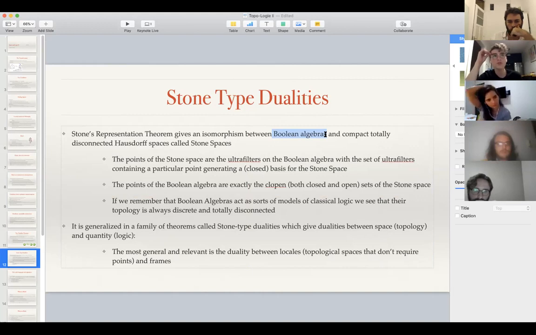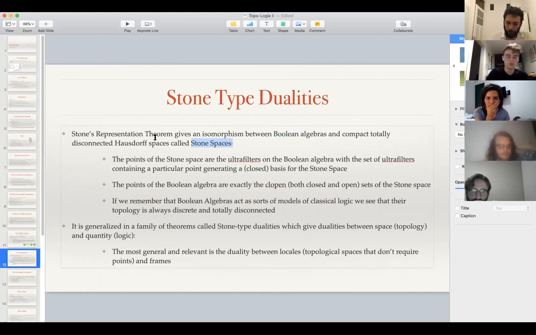But Boolean algebras will model a classical logic in the sense that they can be all of the sets of propositions with the law of the excluded middle and conjunctions and implications and everything. But it gives an isomorphism: if you take a Boolean algebra and then you take ultrafilters on the Boolean algebra, you actually get this thing called the Stone space, which is any compact, totally disconnected Hausdorff space.